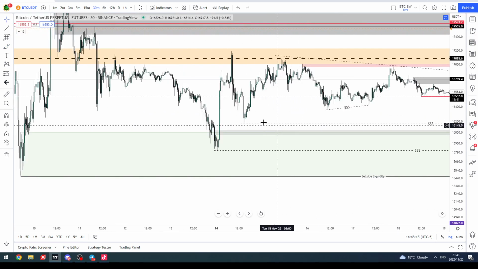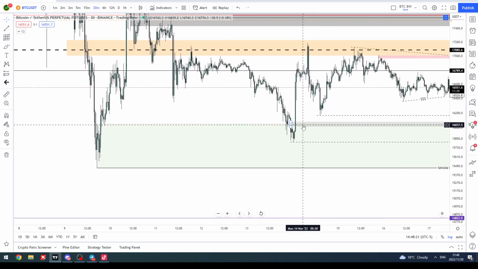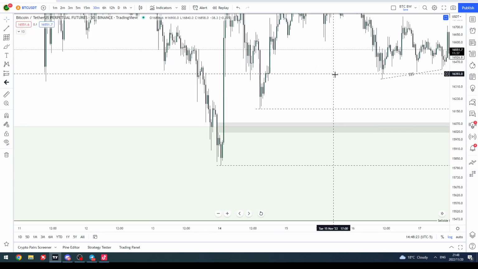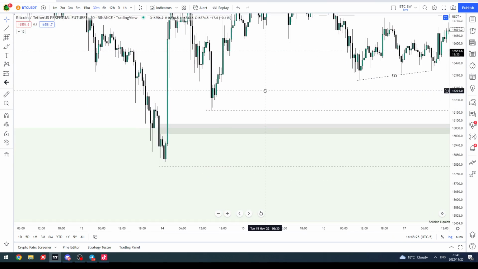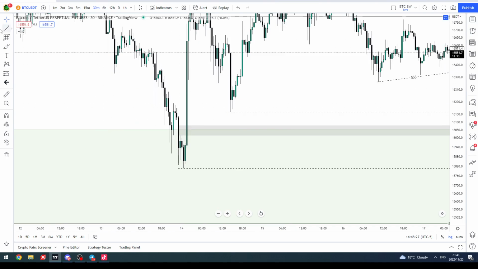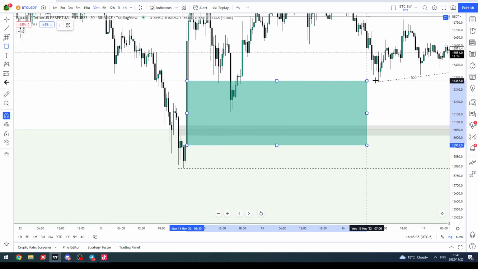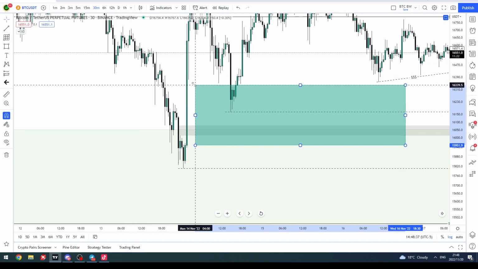I don't have the entire thing marked off, but it is a fair value gap as you have it. So this entire thing was a fair value gap at one point here. You agree?